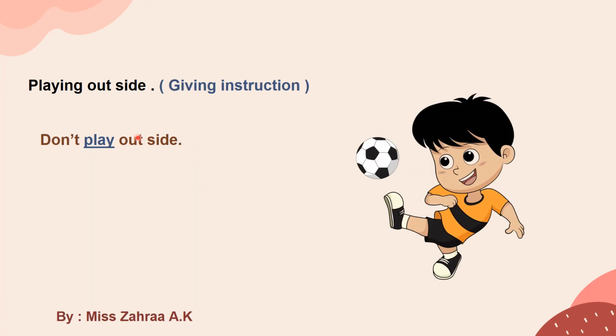Another one playing outside giving instruction أو كصيغة أخرى such as playing outside اللعب خارجا أو خارج المنزل. السؤال يكون giving instruction أعطي الأمر زين أنا أريد أطلب منه بأن يلعب خارج.